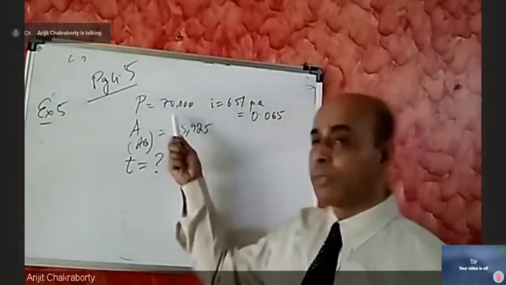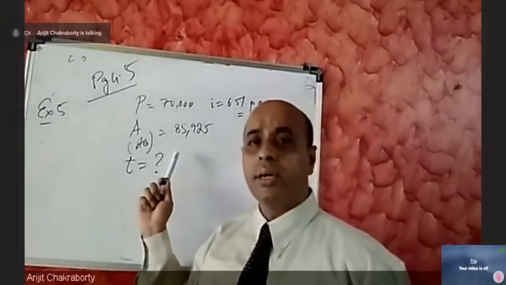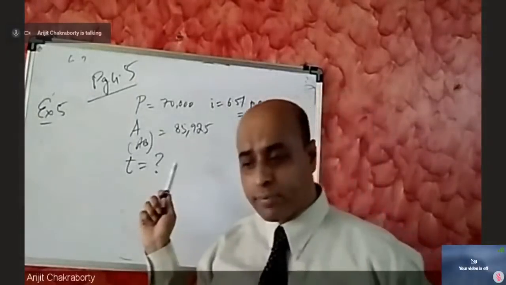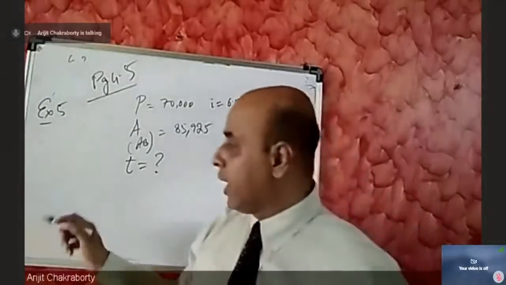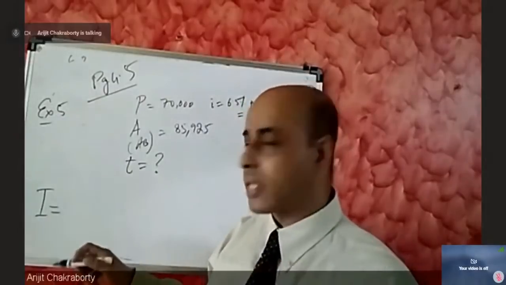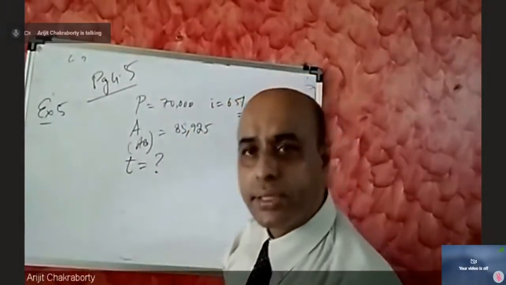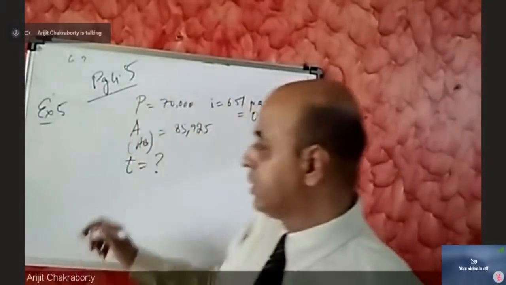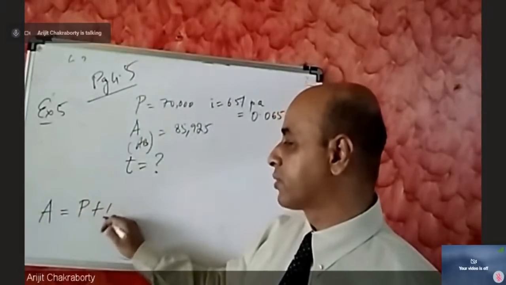We are given the principal amount, we are given the interest rate, and we are given the amount, that is the accumulated balance. Now friends, let me write it in the simplest way, which we can easily recognize. We know that accumulated balance is equal to principal plus interest.